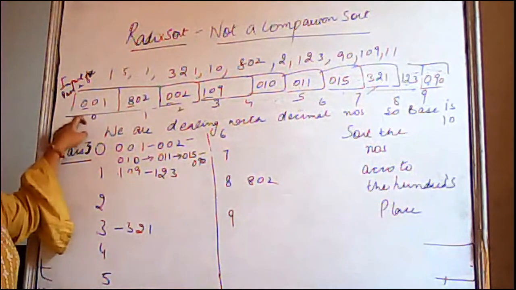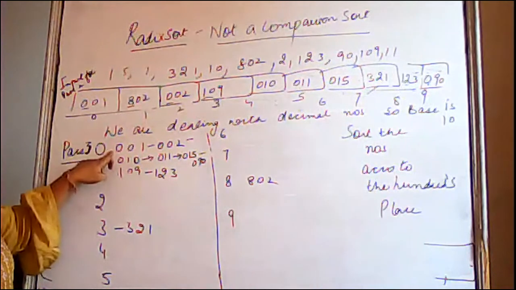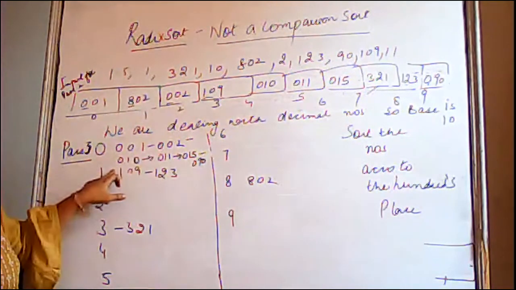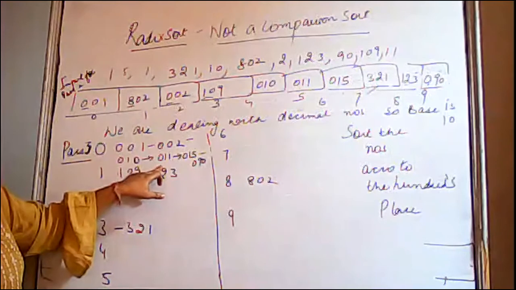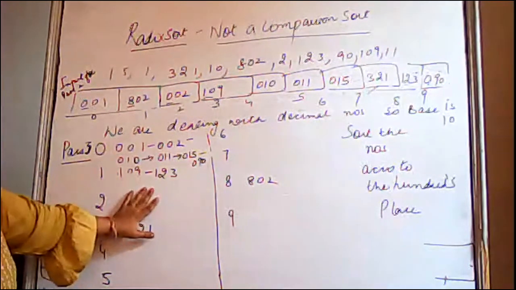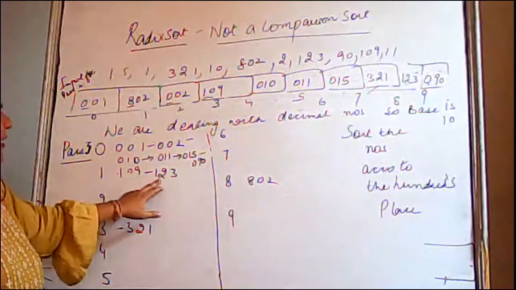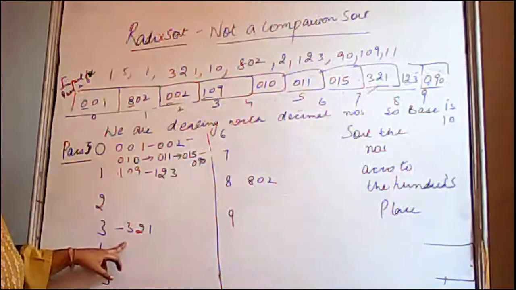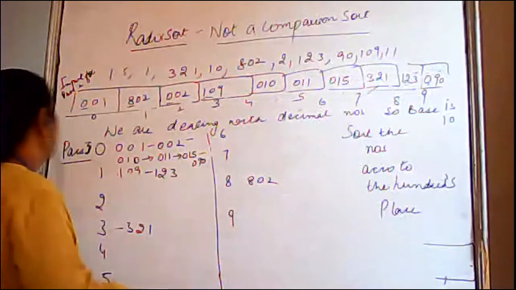Taking the hundreds place of each and every number, you will get 001, then 002, then 010, 011, 015, 090. Then from 1, 109, then you have 123. Then 321 in the third bucket, 802 in the final bucket.